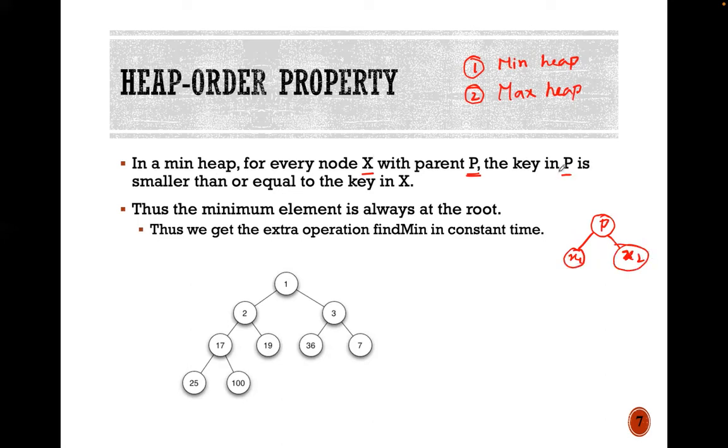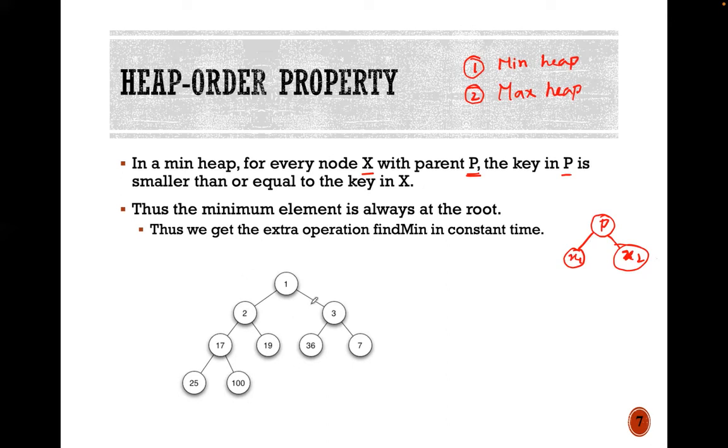Now the key of p will be smaller than or equal to the key in x, and that will be true for every node in this heap. So in the min heap, the value of the parent node is going to be smaller than both of its children nodes.